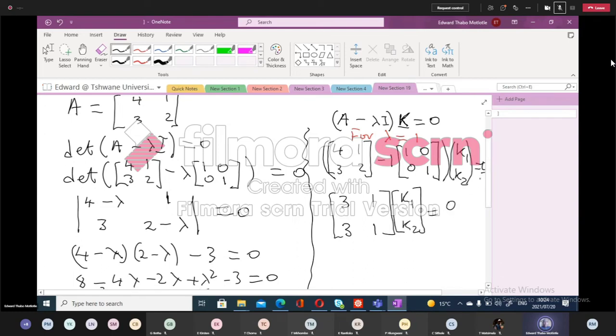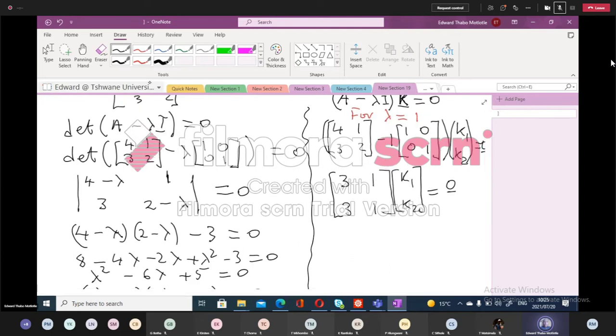This is not just a 0, it's a 0 vector. To avoid confusion, you can write it as a 0 vector or you can write it as 0, 0. It's allowed. Okay, but when I look at this equation, the rows are exactly the same. So basically by multiplying, you'll end up with the same equation. So you can just write 3k1 plus k2 is equal to 0.